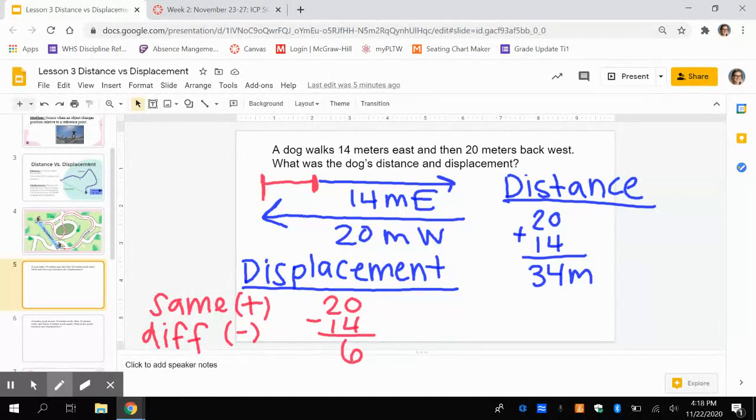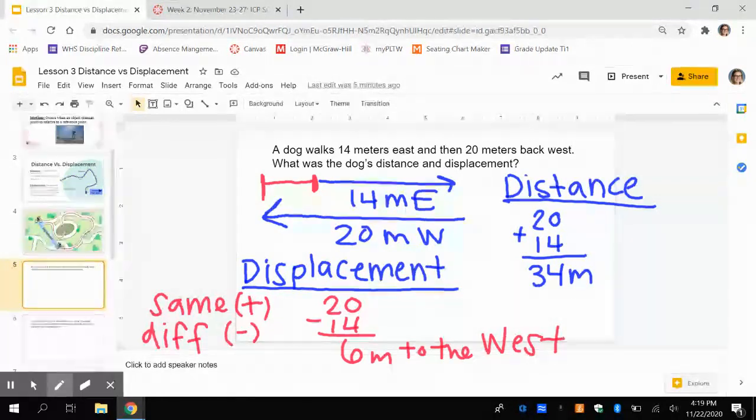So now he's 6 meters to the west would be our answer, or 6 meters west would be the answer, because he moved the greatest amount to the west. So our displacement would be 6 meters to the west, whereas our distance would be 34 meters.